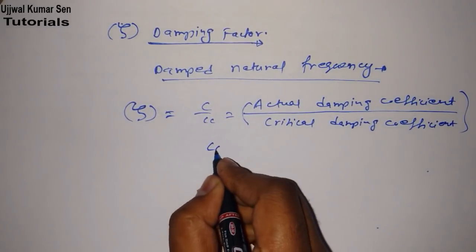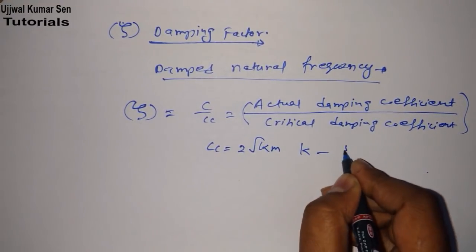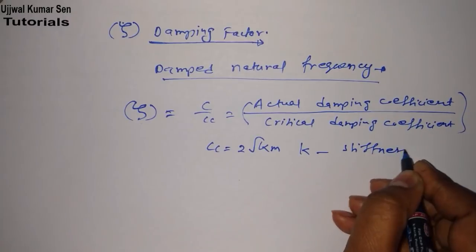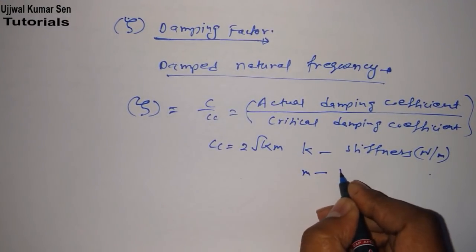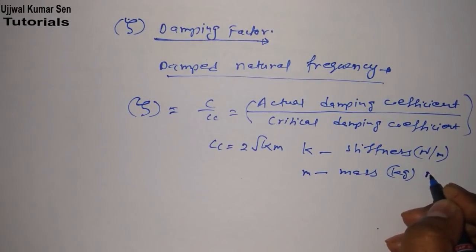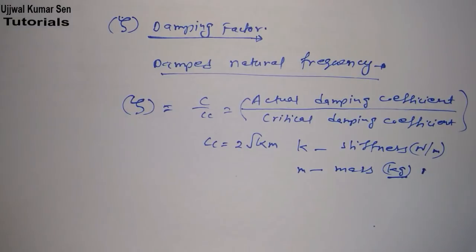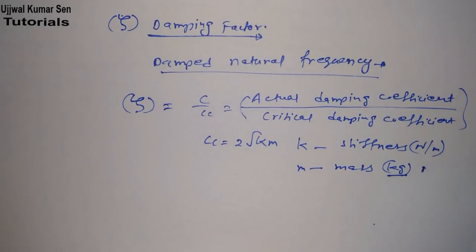And here we also know Cc is equal to 2 root under km. K is stiffness, its unit is Newton per meter, and m is mass, its unit is kg. I have already shared this with you, right? So this is all about damping factor. This is enough to solve numerical problems about damping factor.